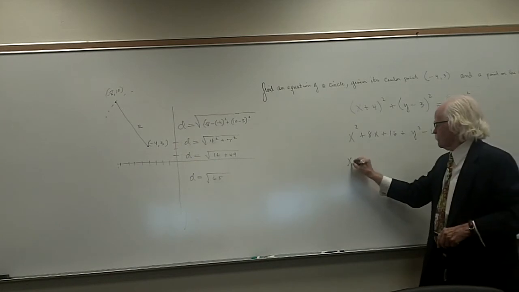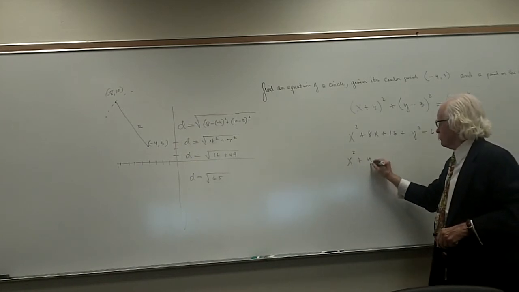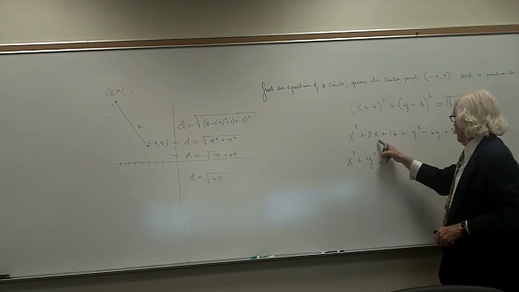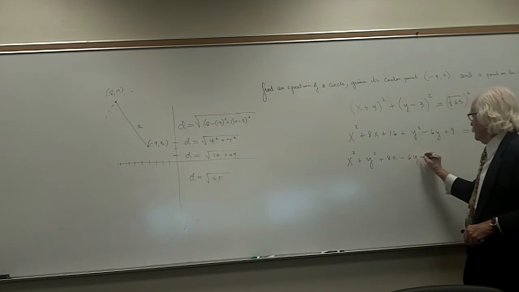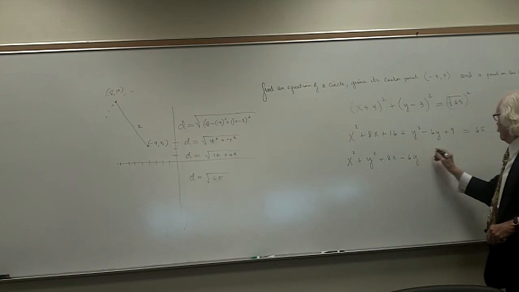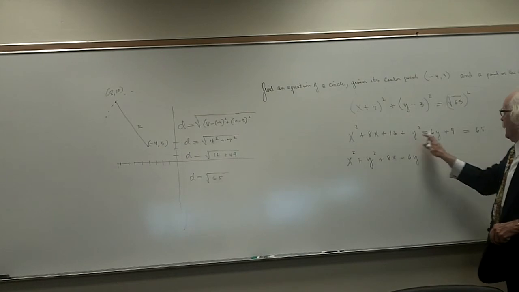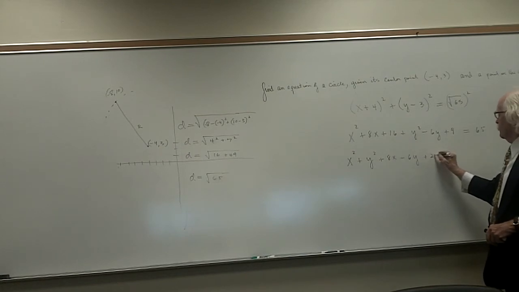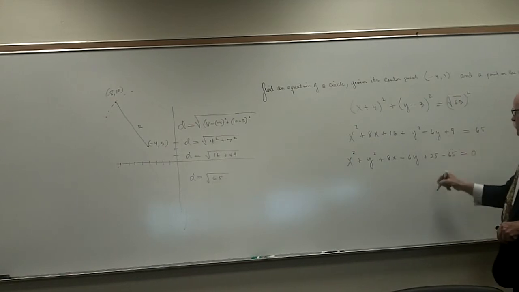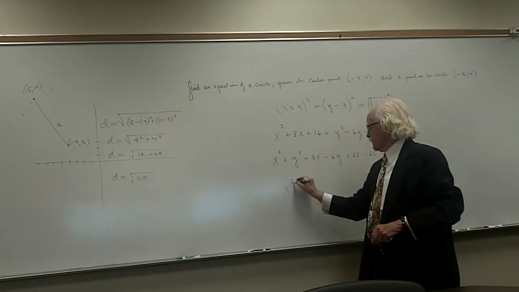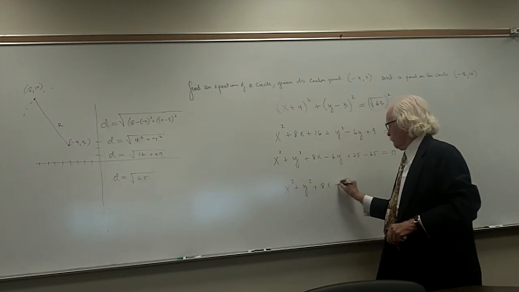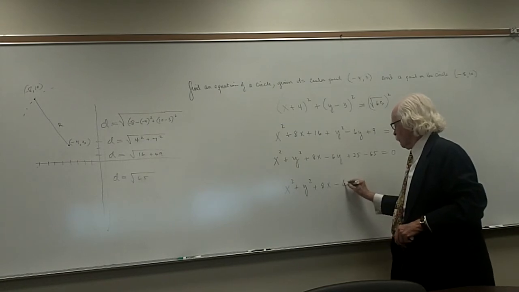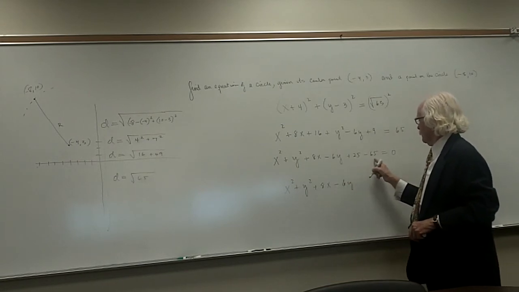Now this becomes x squared plus y squared, plus 8x minus 6y, plus 16 and 9 is 25, minus 65 equals 0. I put this over here. The answer now becomes x squared plus y squared plus 8x minus 6y.